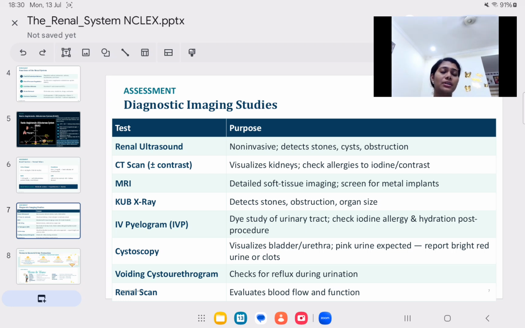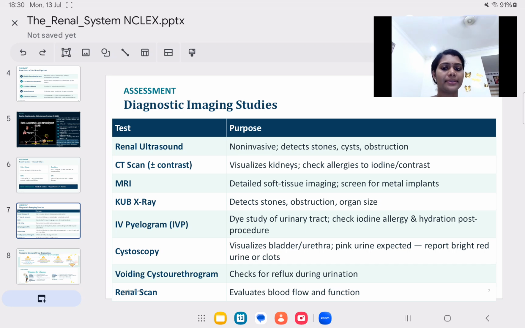In case of cystoscopy, we need to educate the patient that after the procedure there will be a chance of pink urine. The urine may change to a pink color. If it is bright red or there is bleeding or any clot present in the urine, we need to immediately report to the healthcare provider. Pink urine is an expected outcome.